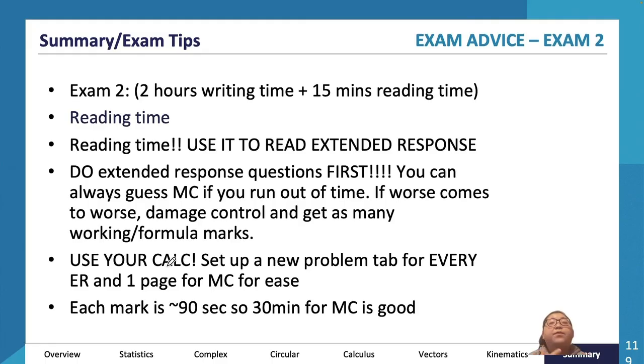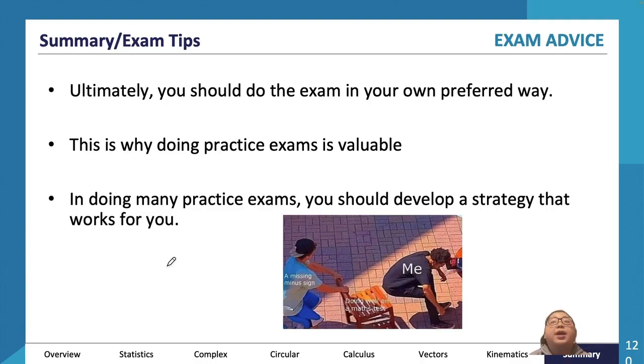Make sure you're comfortable with using your calculator, make a new problem for every question, and make sure you define every function that you're working with. Just do whatever you like, and build up your experience from doing practice exams. From doing practice exams, you'll figure out what you like best.